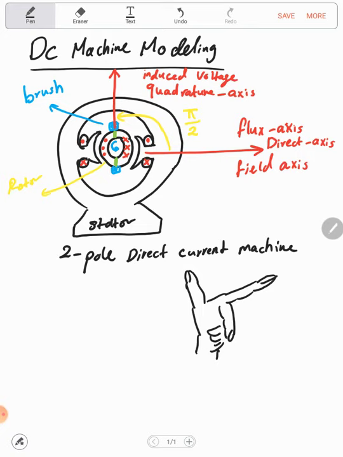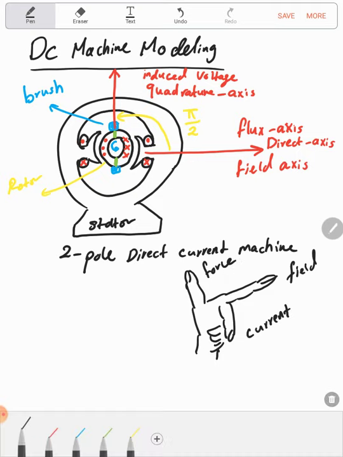So simply, this is the direction of the field, and this is the direction of the current. So this will be the direction of the force, and this is what we call the left-hand rule.